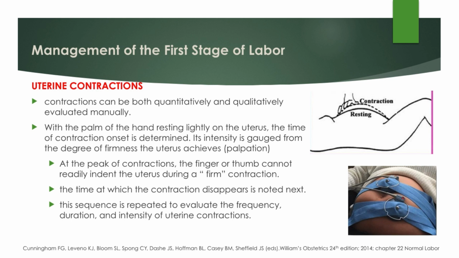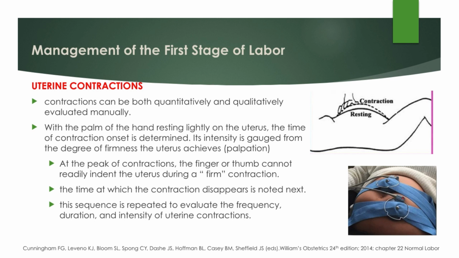So we take note of the time of contraction onset, and then its intensity is gauged from the degree of firmness the uterus achieves at the height of the contraction. At the peak of contractions, the finger or thumb cannot readily indent the uterus, okay, during a firm contraction. And the time at which the contraction disappears is also noted.